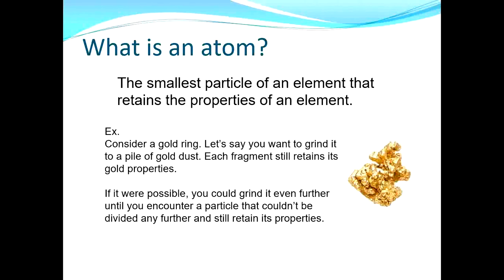Gold is gold. Now remember when we talked about the history of the development of the atom, Democritus and Dalton said that the atom is the smallest particle, period. That there is nothing smaller than the atom. But is that true? No, because with the help of Thomson and Rutherford and other scientists, we now know that there are subatomic particles.